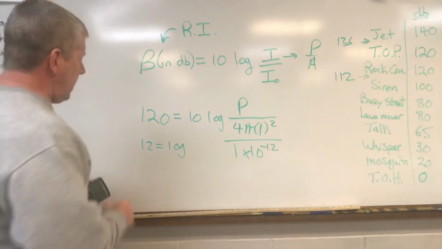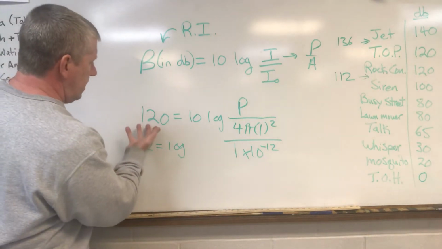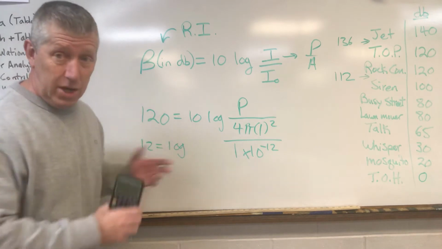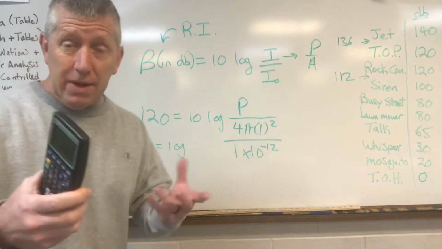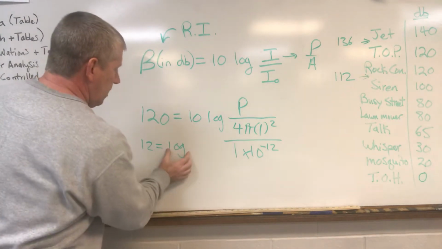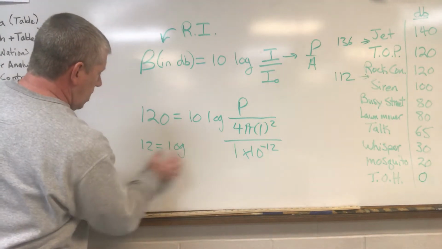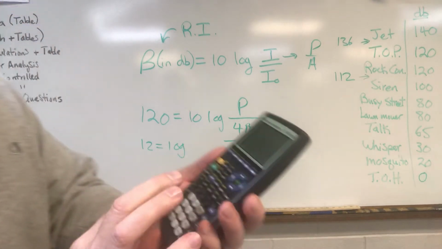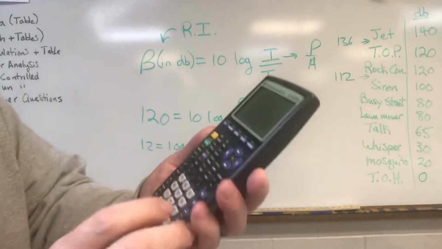You might get something like 128.2 over here, and it's not going to be so obvious, so we have to know how to use our calculator to get rid of the log on this number to the left. Okay, here we go.